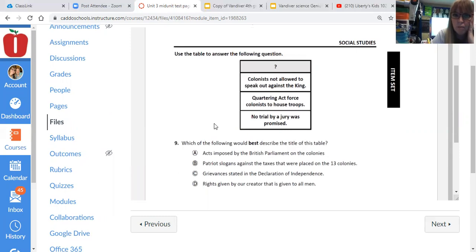Let's find a title. A, acts imposed by the British Parliament on the colonies. B, patriot slogans against the taxes that were placed on the 13 colonies. C, grievances stated in the Declaration of Independence. Or D, rights given by our Creator that is given to all men. Which of those would make a good title for the table?